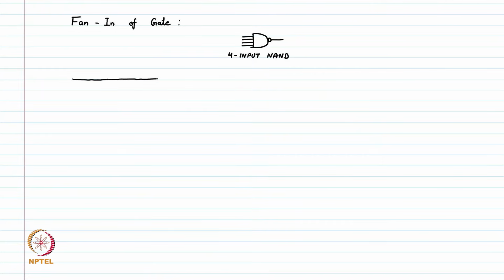So, in the pull up network we have 4 PMOS transistors connected in parallel. On the bottom we have 4 NMOSes connected in series. These are the pull down network.